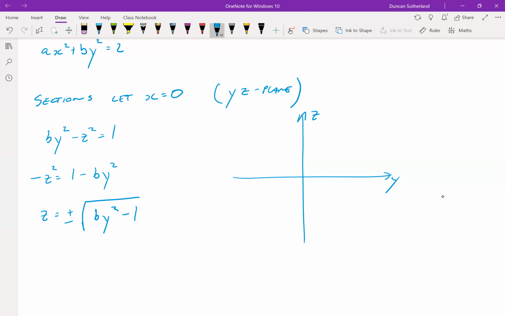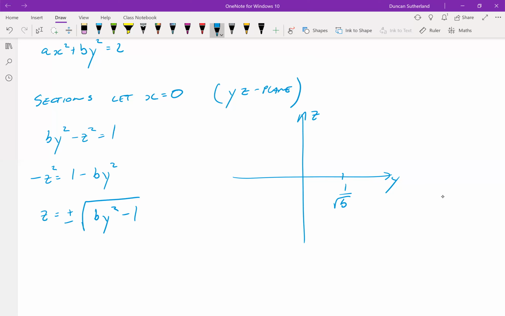Obviously this is going to be undefined if y is less than 1. So the only time that this is going to give us a real result is when y is greater than, sorry, it's greater than 1 on square root b, right?